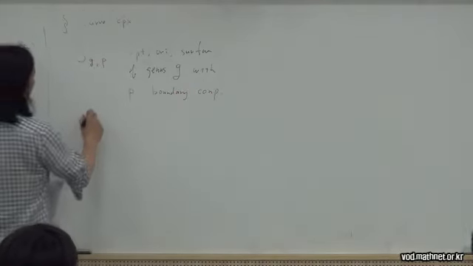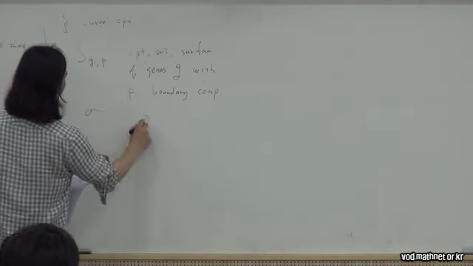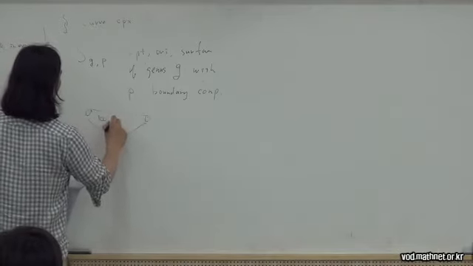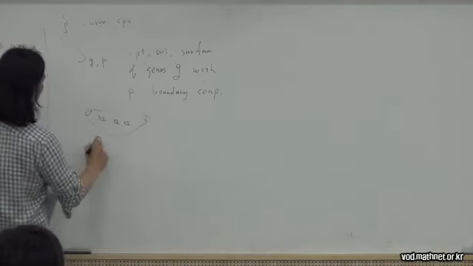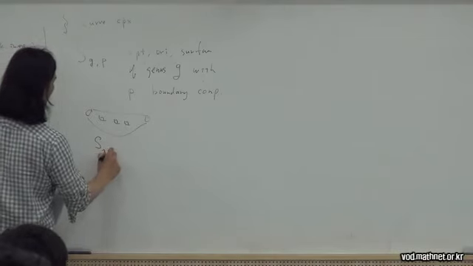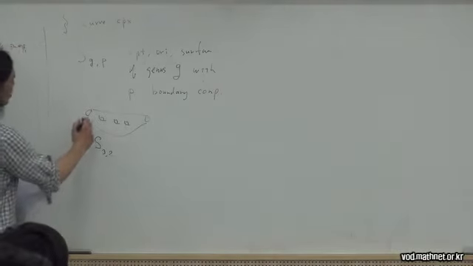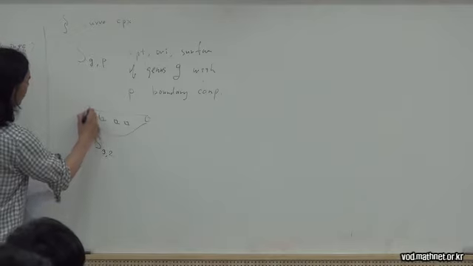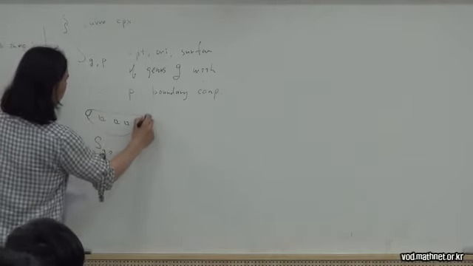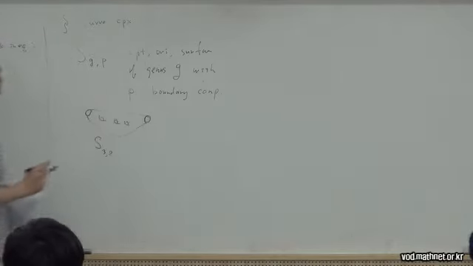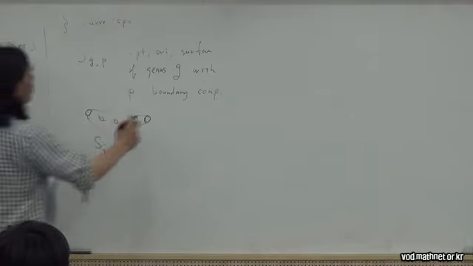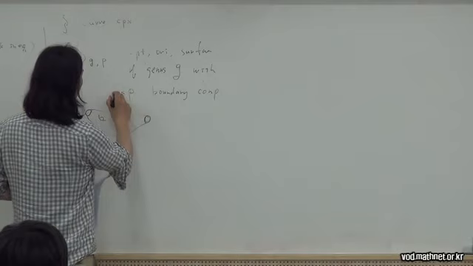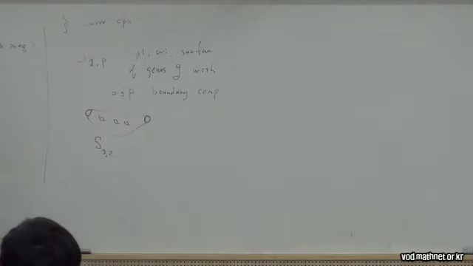Namely, I'll draw one picture for you. This is S_{3,2}, because those two are boundary components, and genus 3. Possibly p could be 0; it could be a closed surface.